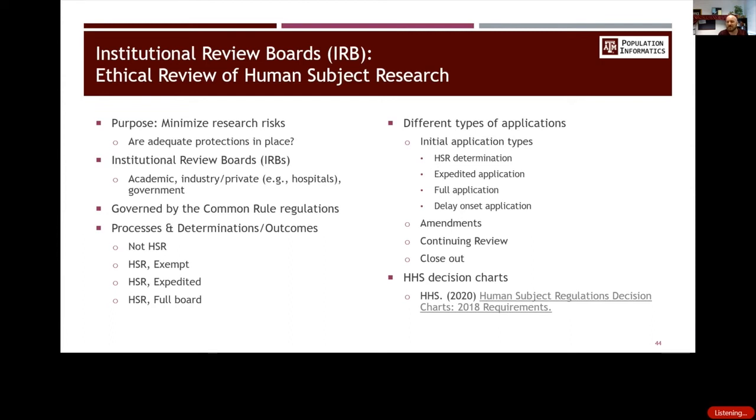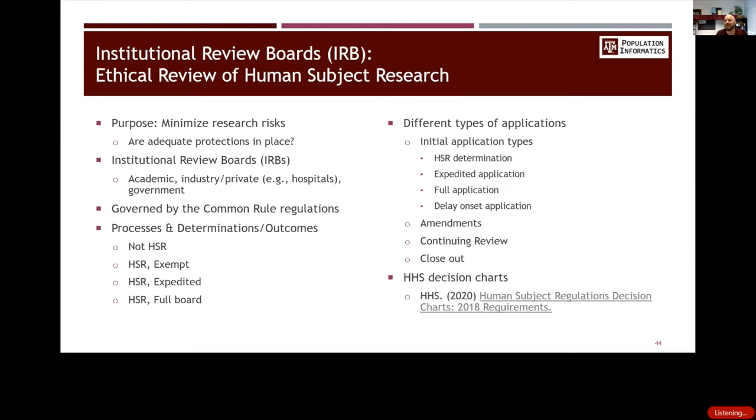There are different processes and different outcomes or determinations that might result from an IRB review process. First of all, they can look at your proposed activity and say, this isn't human subjects research. One, because what you're talking about isn't research under the legal definition, or two, you're not talking about human subjects.